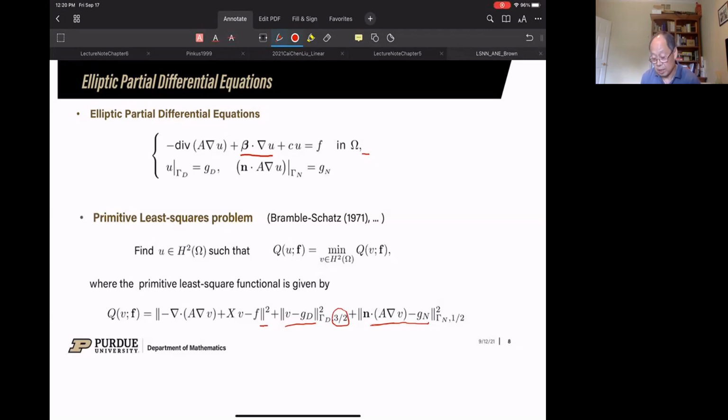Similarly, for the Neumann boundary condition, you already have one derivative here, so this is 1/2. So this is a well-balanced least square formulation. As I said, the reason they did that was how to impose the Dirichlet boundary condition at that time.